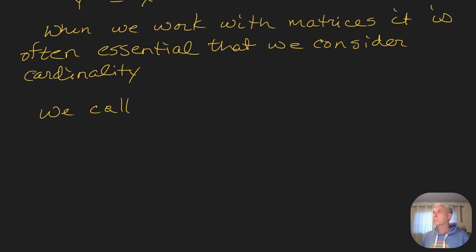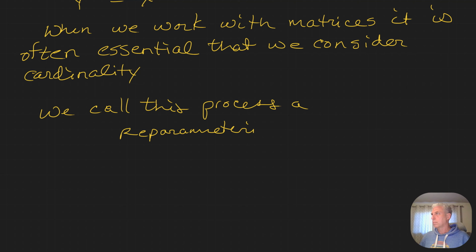We call this process a reparameterization. We are giving the point new parameters, new coordinates. So we are reparameterizing, that's hard to say over and over, the coordinates. So it's called a reparameterization.